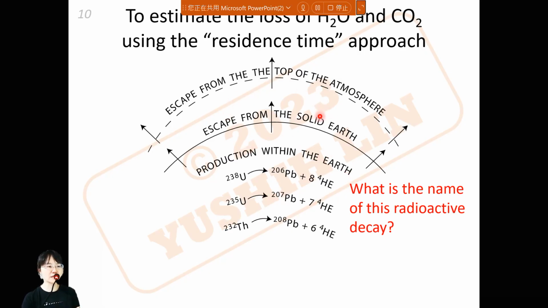We know the stock, we know the production rate. With the assumption that the system is at a steady state, we can estimate the escape flux of helium-4 from the top of the atmosphere to space. With this flux of helium-4 and with further calculation, we can also estimate the loss of water and CO2 to space.